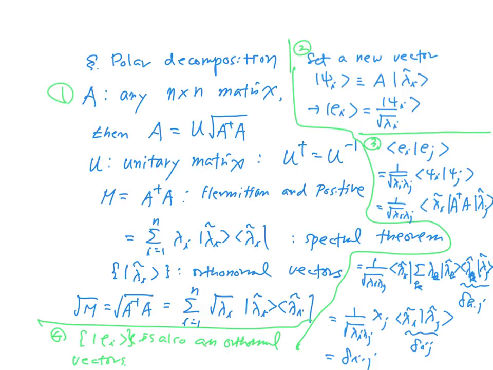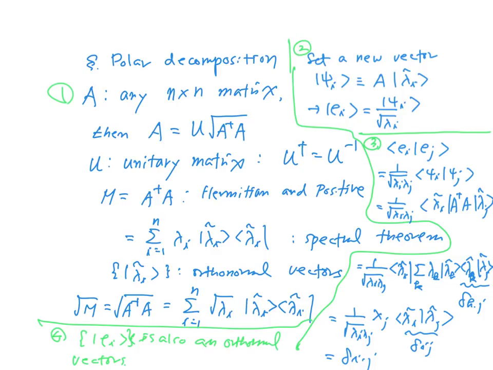The idea is to show that for any given matrix, this matrix A can be decomposed into a product of a unitary matrix and a Hermitian matrix. So we first find the Hermitian matrix generated from A, which is A dagger A. And then we represent it using the spectral theorem. And then this λ_i tilde are orthonormal vectors.